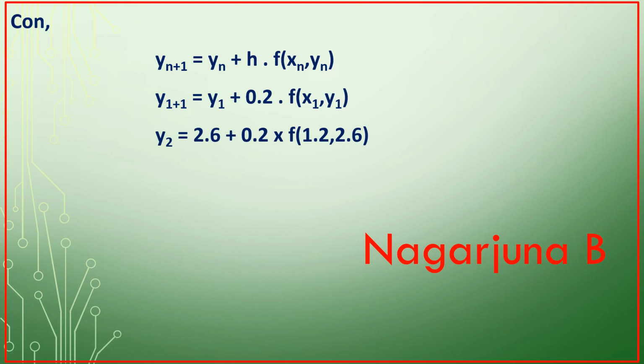So f of x comma y will be in the form of 1 plus y by x, because dy by dx is equal to 1 plus y by x. That is, f of x comma y is equal to 1 plus y by x. Therefore, f of 1.2 comma 2.6 can be written as 1 plus 2.6 divided by 1.2.